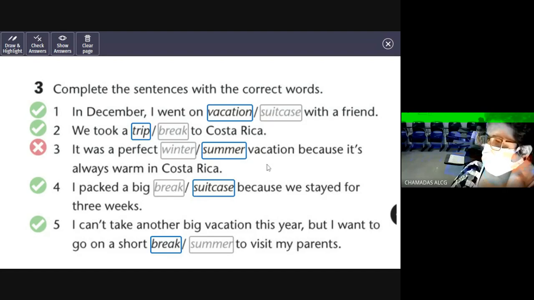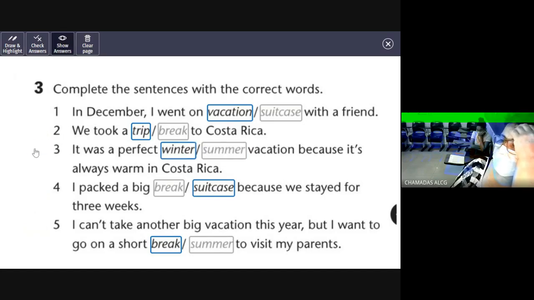Summer vacation. So let's see why. It was a perfect summer vacation because it's always warm in Costa Rica. Why? Uh-oh, no, of course not, people. You see, there is another mistake here.